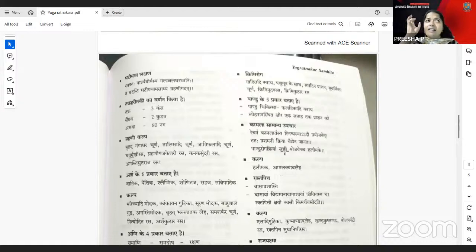Takra Haridagi is very unique, no? You have the Takra Rishta and you have the Gomutra Haridagi. The Takra Haridagi means you have the 3 Kamsa ratio, Saindhava 2 Kudava ratio, and Abhaya about 60 milligrams. You have the Takra, Saindhava, and Abhaya.